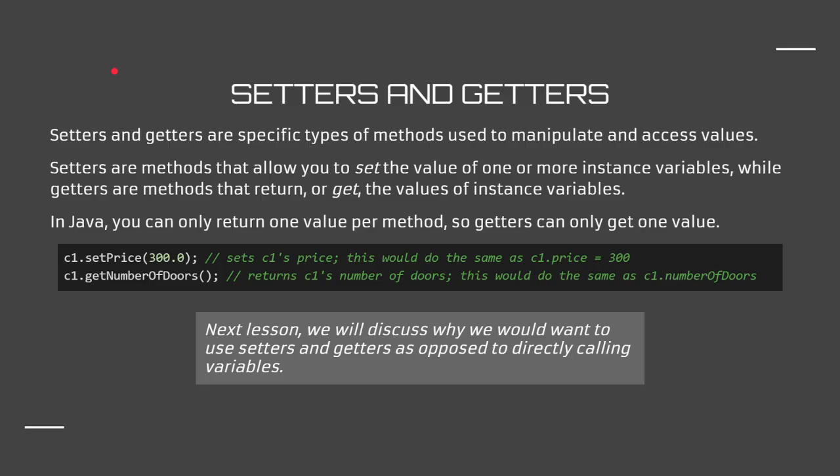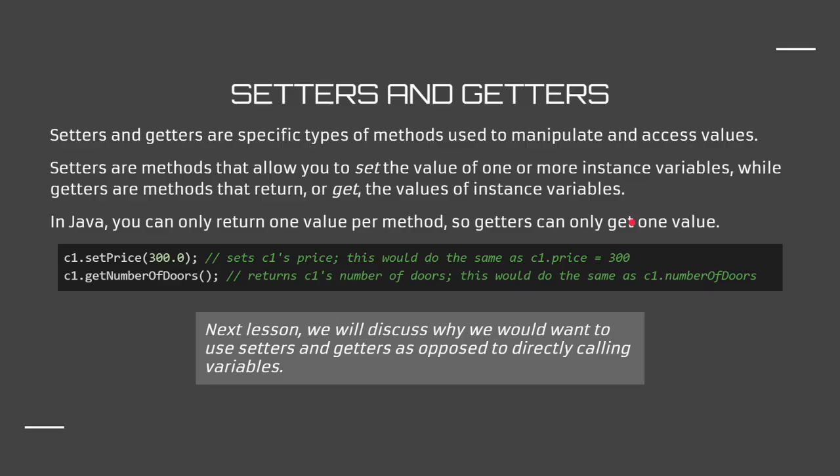In Java, you can only return one value per method, so getters can only get one value, but setters can set multiple values, since you can put as many lines of code as you want in a method, so you can set as many variables as you want in a method, but you can only return one value at once, so getters can only get one value.